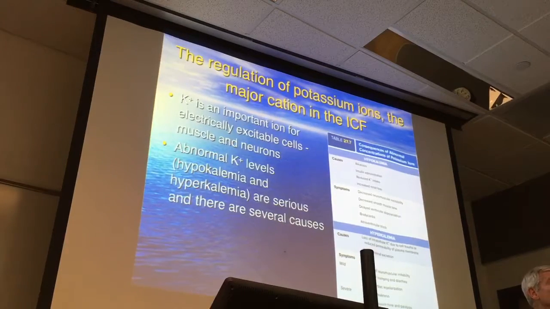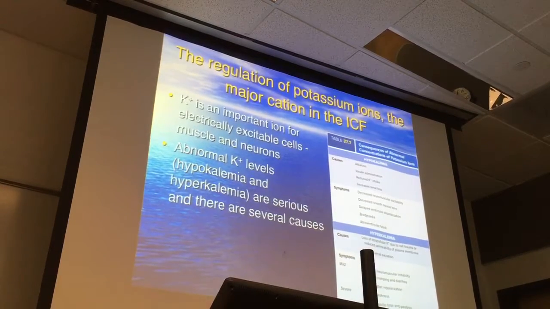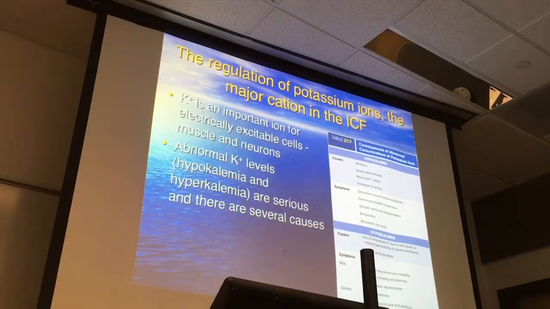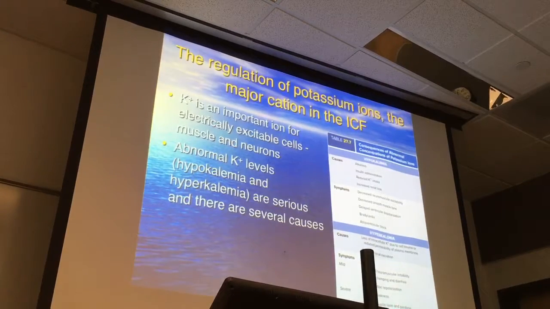Now, are neurons affected? Yes, but when they affect neurons, the whole nervous system doesn't work right, and they don't list that up here. Where is calcium involved in neurons?